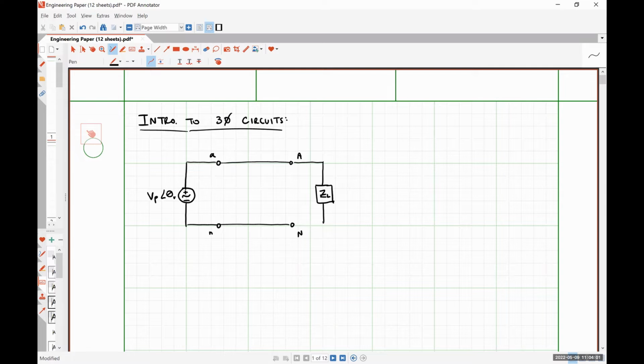And those transmission lines allow us to connect our source to our load, such that we can divide this system into three distinct parts.